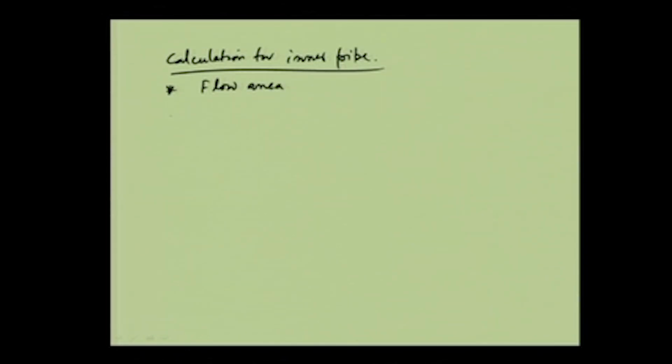Then we have to calculate mass velocity. This is equal to, say, tube side, pi dt square, dt I square by 4, and this will be equal to At, and then Gt will be equal to W, the mass flow rate, divided by At.